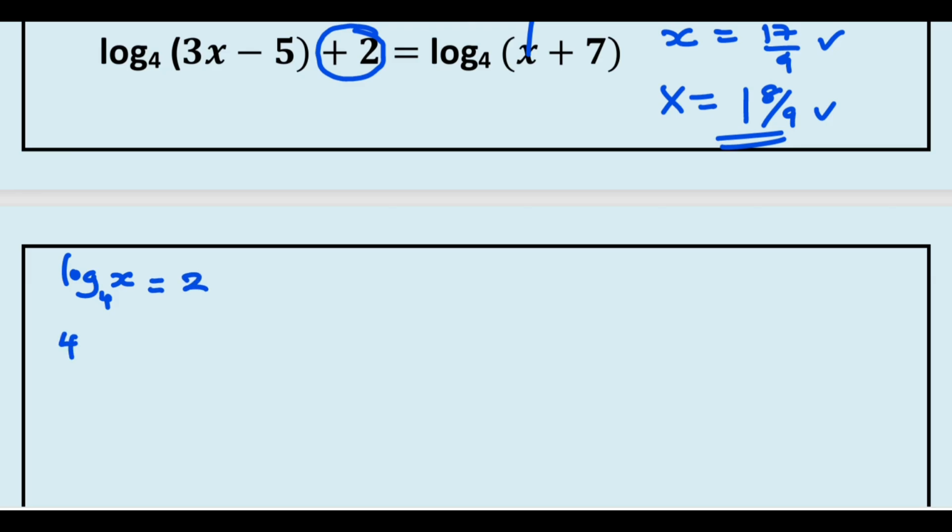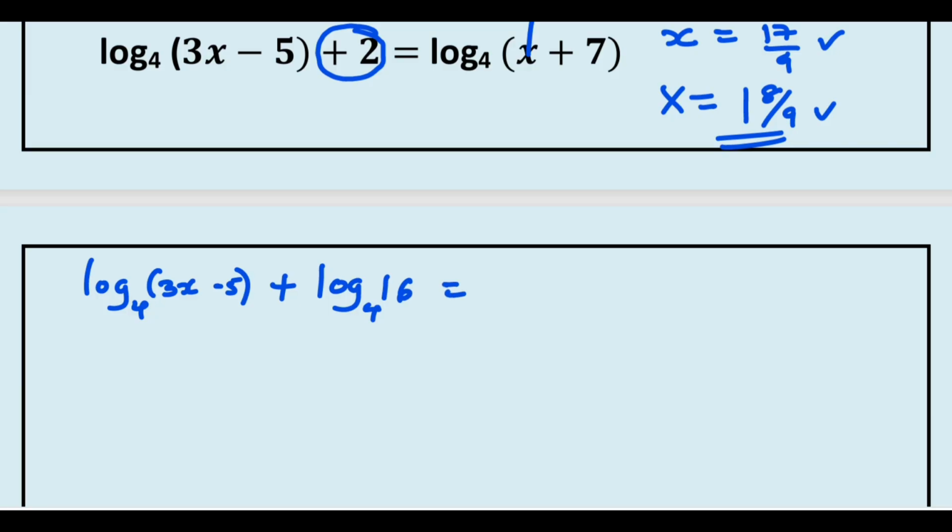So it is 4 raised to power 2 is equal to x. 4 raised to power 2 is 16 is equal to x. So that now positive 2 now will change to log 16. Log to base 4 of 3x minus 5 plus log to base 4 of 16 is equal to log to base 4 of x plus 7.